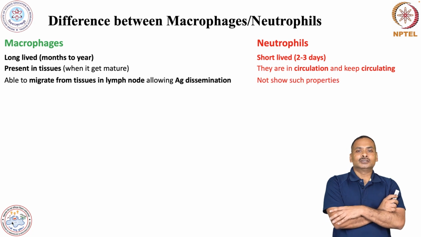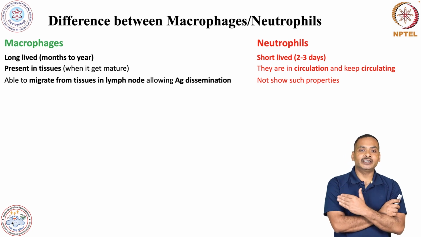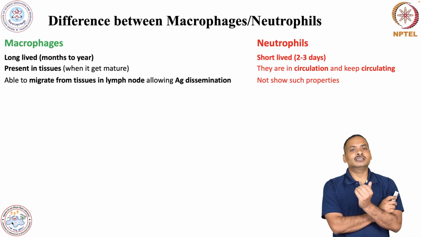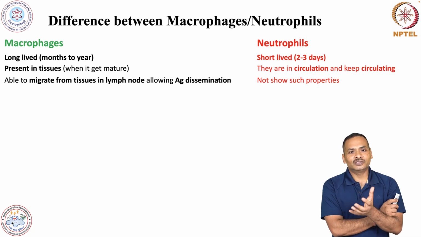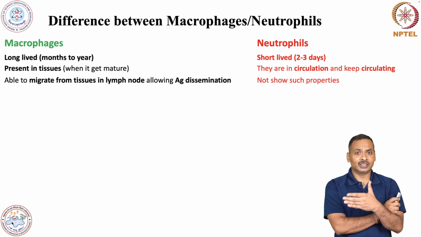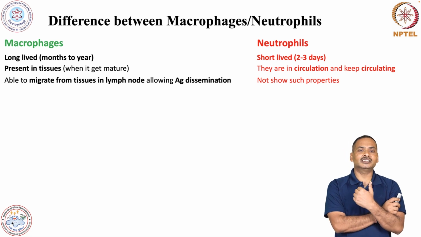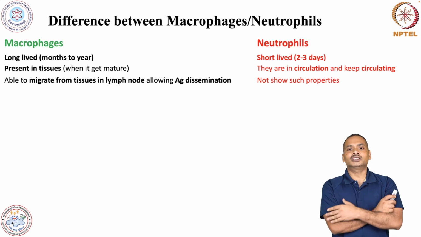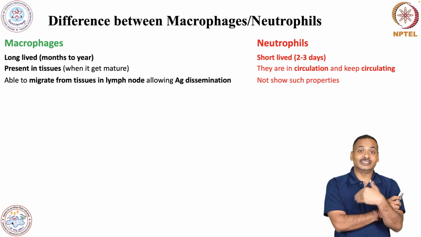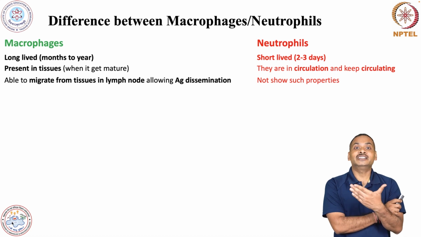Another difference is that macrophages are able to migrate from tissue to lymph node. If they find the antigen in a tissue, they can take it up and transport it to the lymph node, and in that way they can disseminate the antigen.